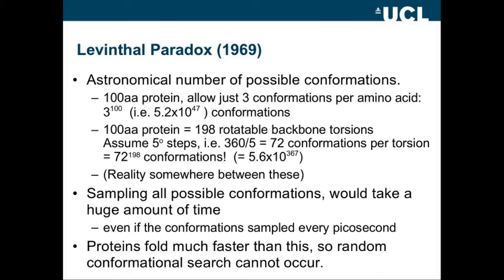Now the reality in terms of the number of potential accessible conformations is probably going to be somewhere between those two sorts of limits. Now, sampling all of those possible conformations would take an absolutely enormous amount of time, even if we sampled each conformation just once and did so every picosecond. Now, proteins actually fold much faster than this, so a random conformational search really cannot occur.